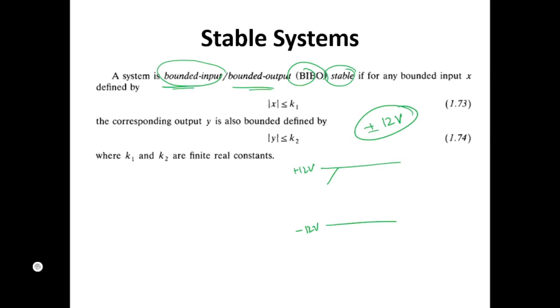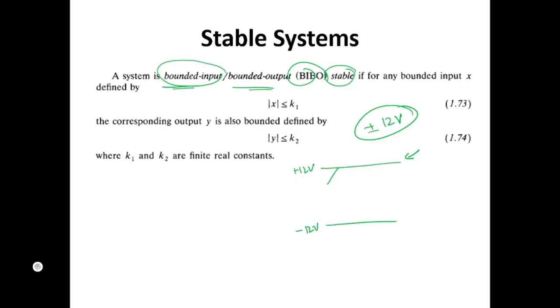In case of instability, it may so happen you have designed a system whose inherent characteristics lead to the saturation of the output. This effect, where the output signal goes either to the plus 12 volt or minus 12 volt, is called saturation effect.